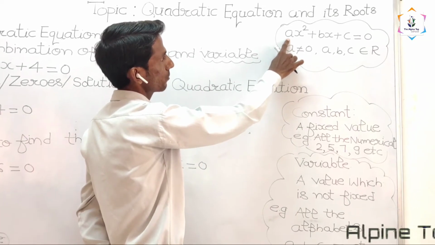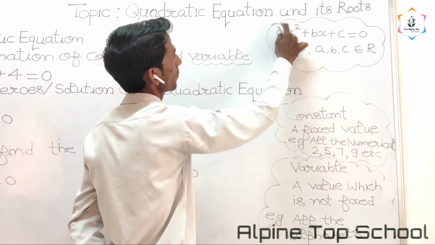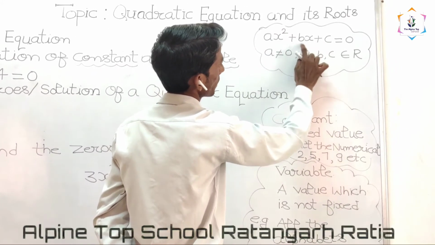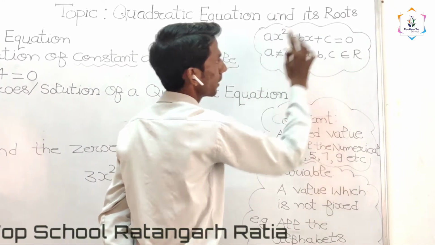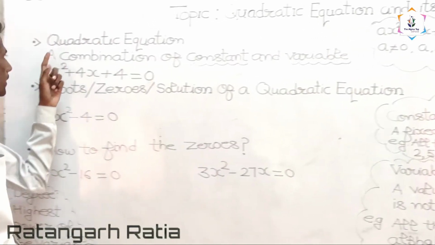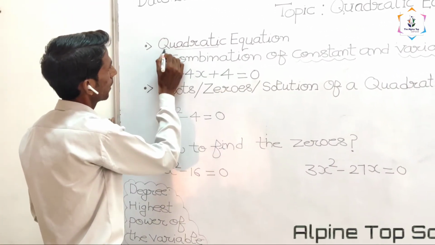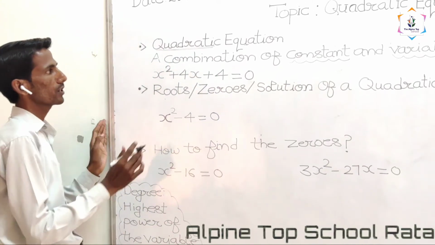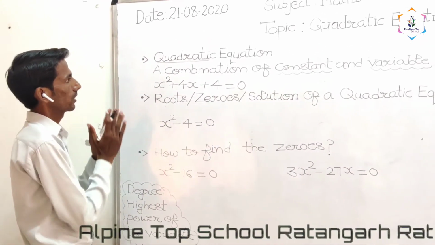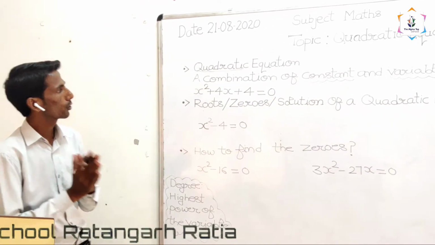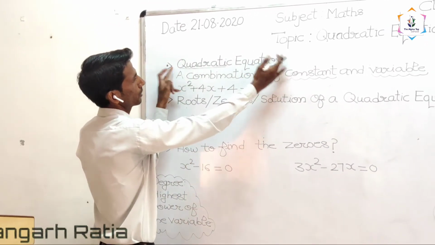Because if a is equal to 0, this term is removed and it becomes bx plus c, that is a linear form. But here we are studying quadratic. Quadratic means the degree of the variable in the equation must be 2.